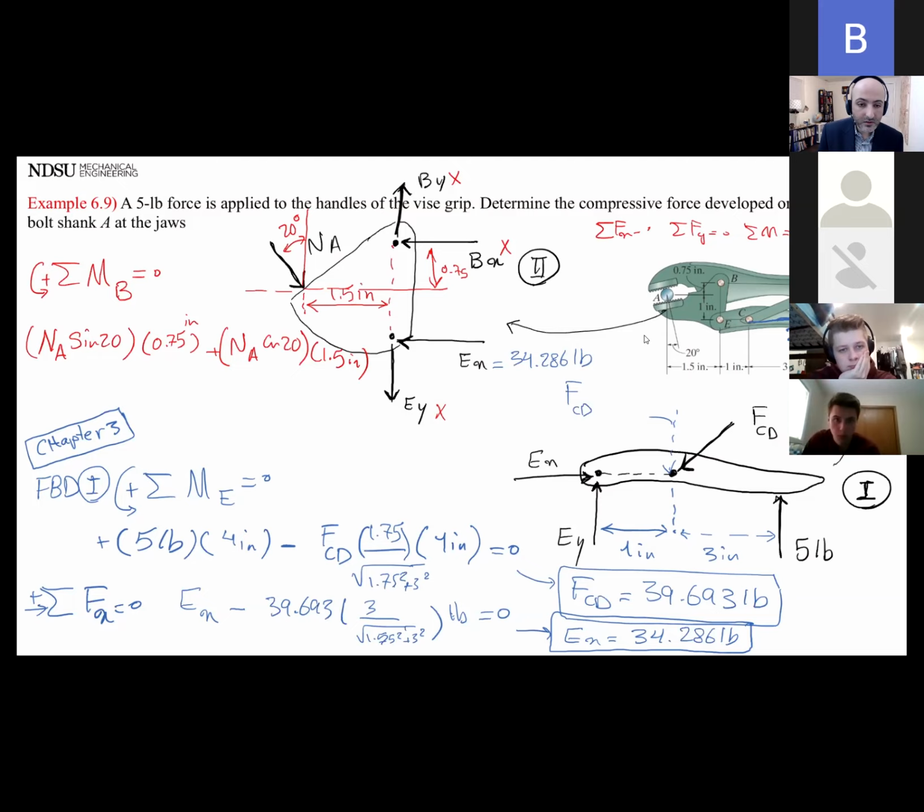I have EX, minus EX, which I know the value. What is the distance between EX and point B? 1.75. It's this one that I'm looking for, 1.75.